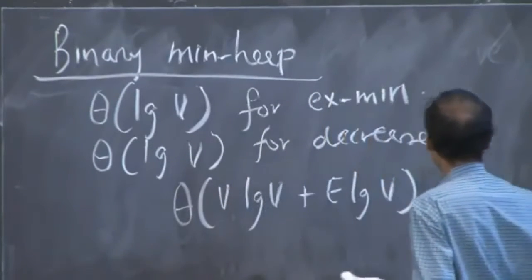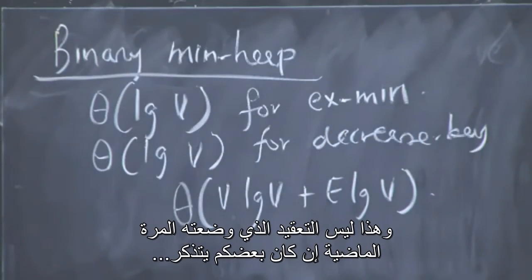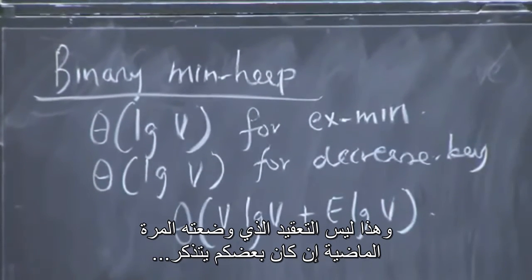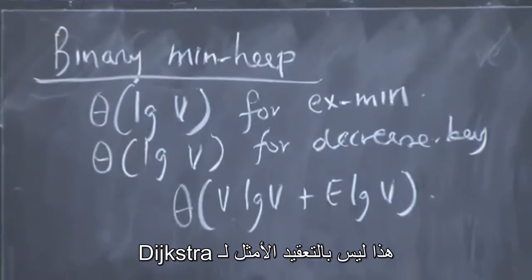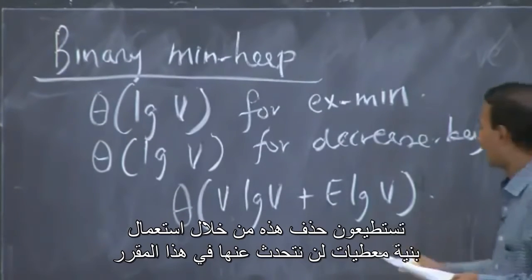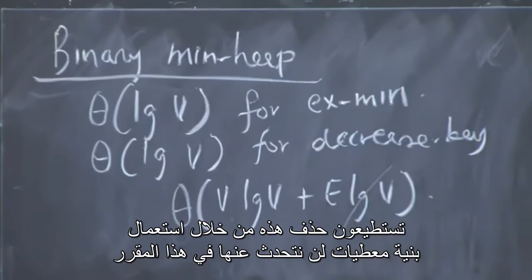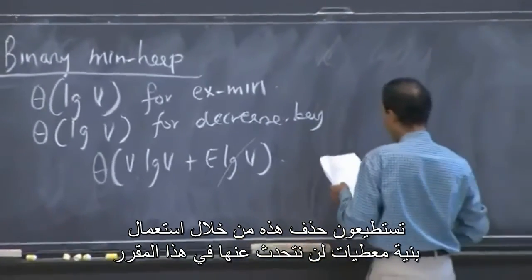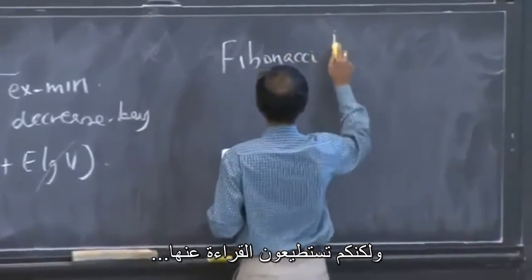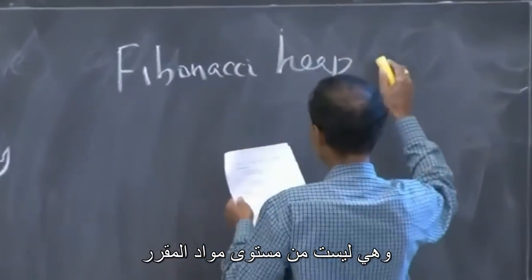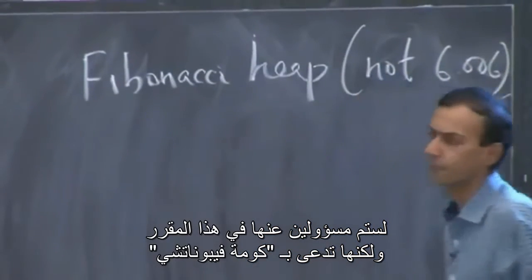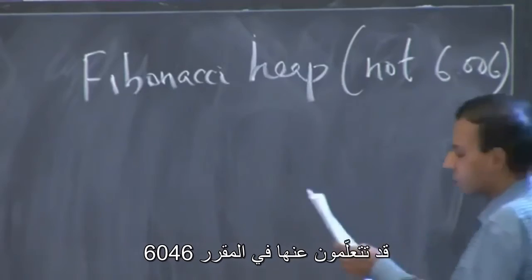Okay? And this is not quite the complexity that I put up, as some of you may remember last time. This is not the optimum complexity of Dijkstra. You can actually improve on this by using a data structure that we won't talk about in 006, it's not 6006 level material. You're not responsible for this in 006, but it's called a Fibonacci heap, and you might learn about it in 6046.